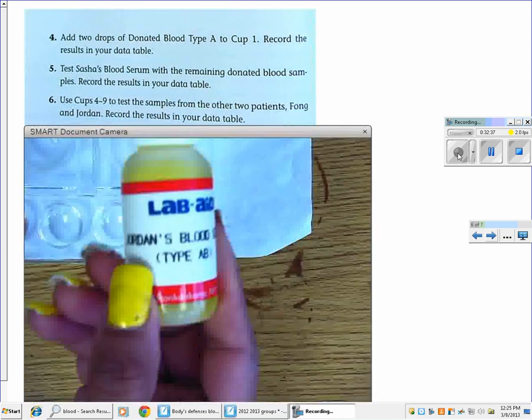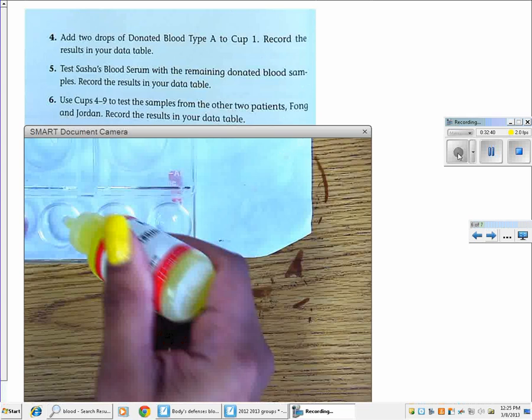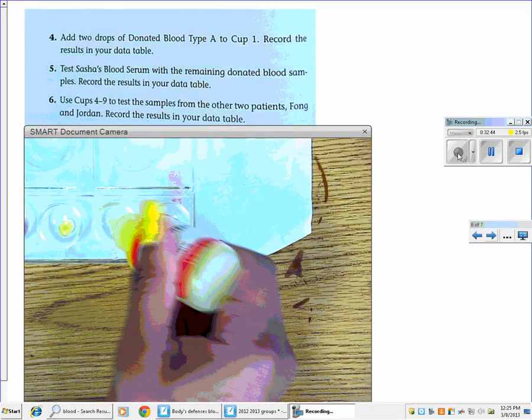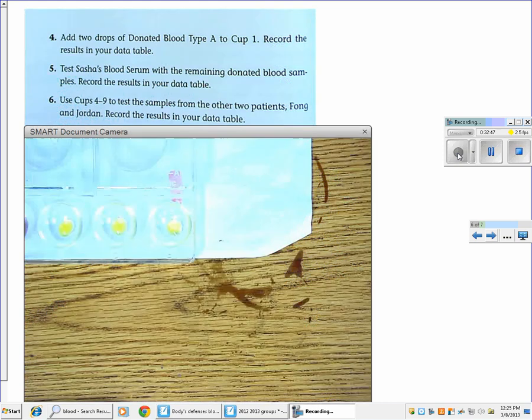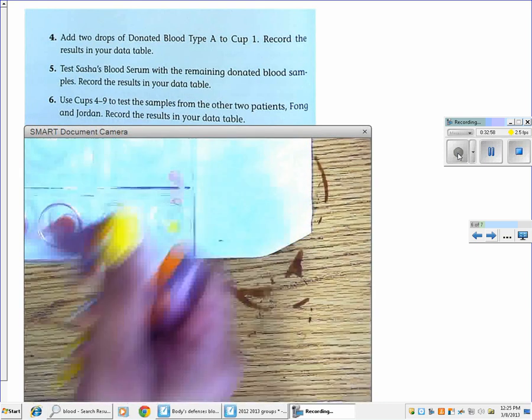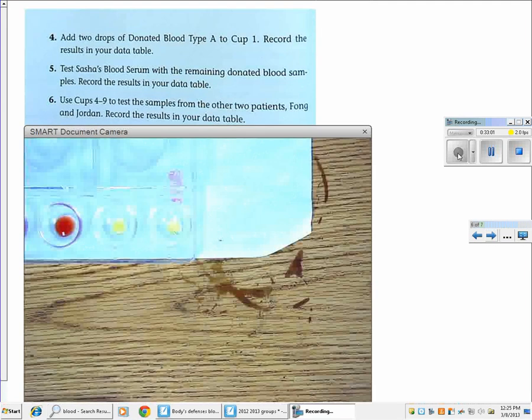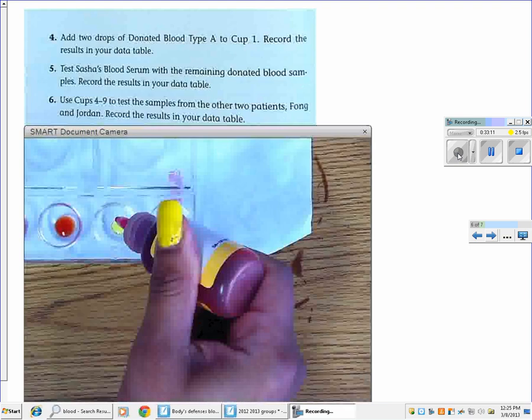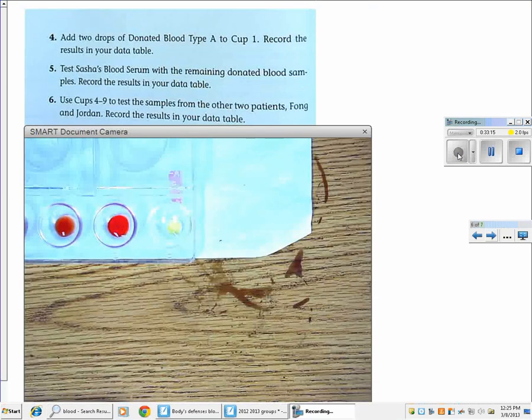Now it's time to test Jordan's. Blood type A. Blood type B. And blood type O. Record your results.